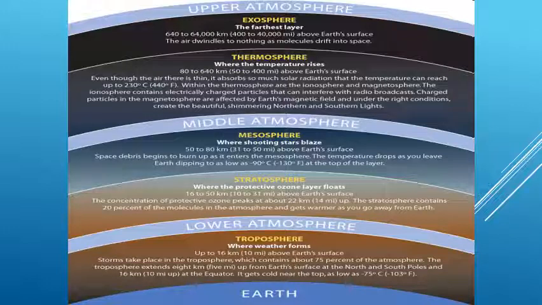Alright, so here's a depiction of the 5 layers of our atmosphere. From the troposphere all the way to the exosphere, 0 kilometers in altitude all the way up to about 1,000 kilometers away from Earth's surface.